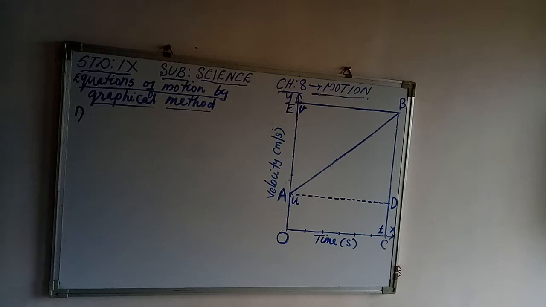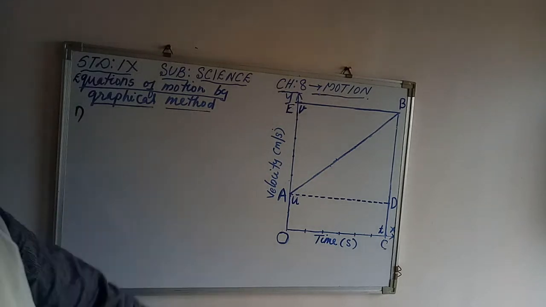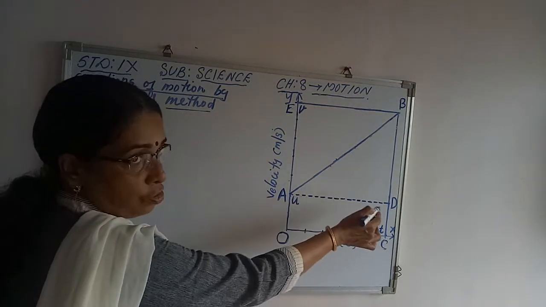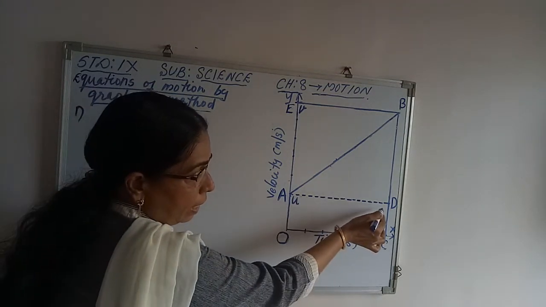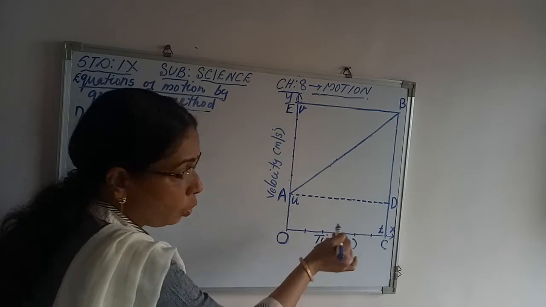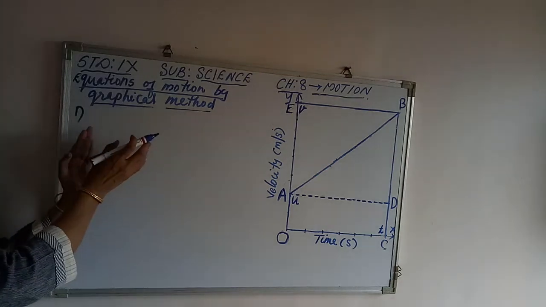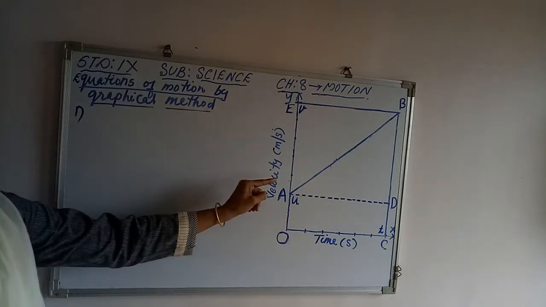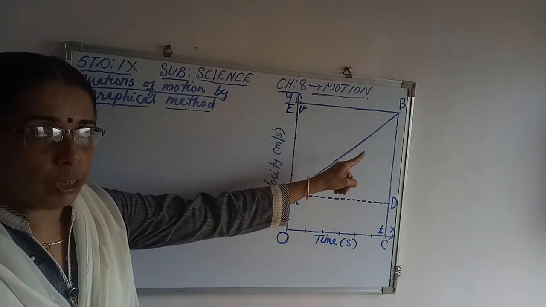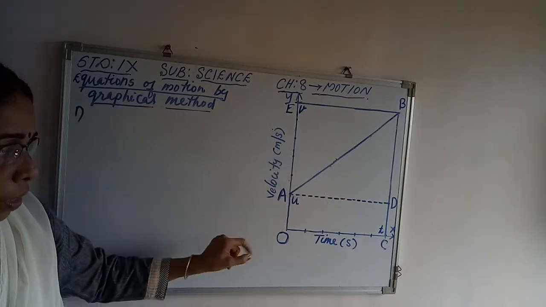Then for the time interval t, this is a construction made. AD is drawn parallel to OC. I am not going to write on the board. I will repeat again. The object is moving along a straight line with uniform acceleration.